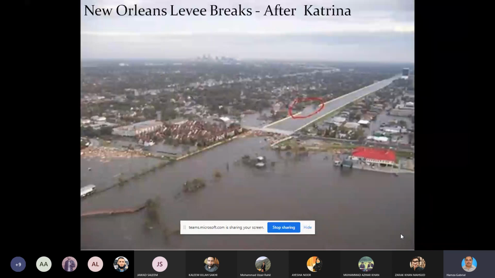So the red circle you see is the breach in the man-made levee, and due to that, the inundation in the surrounding area, you can see the area is inundated by the flood water.